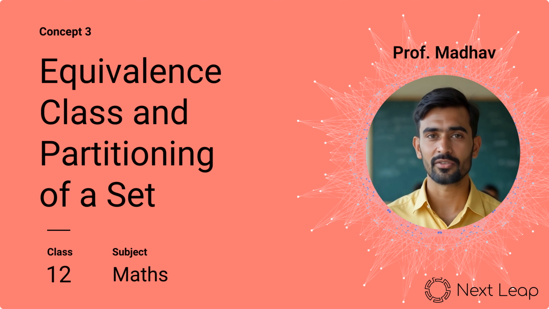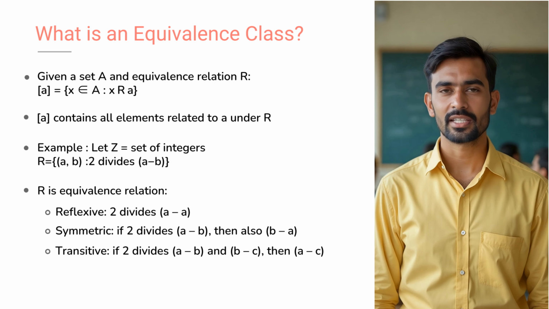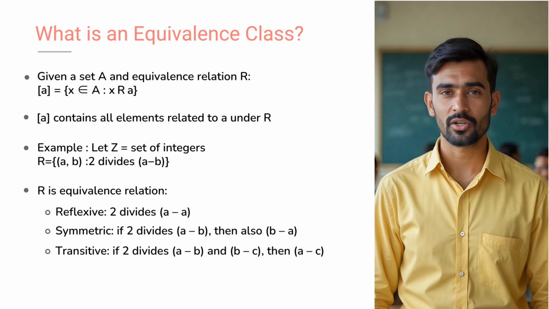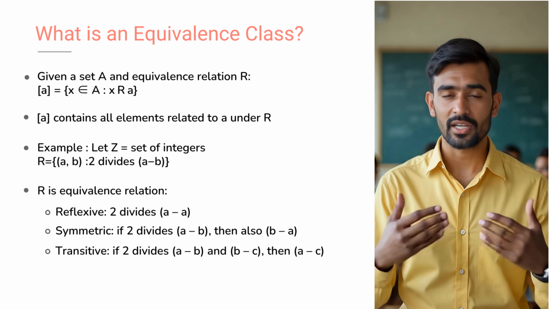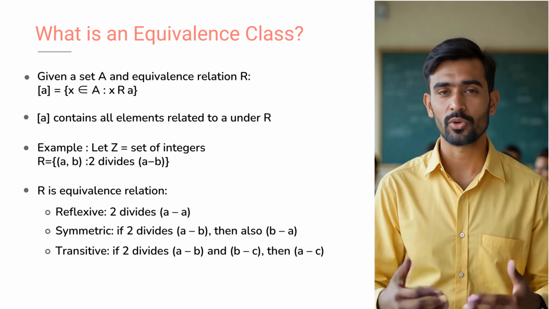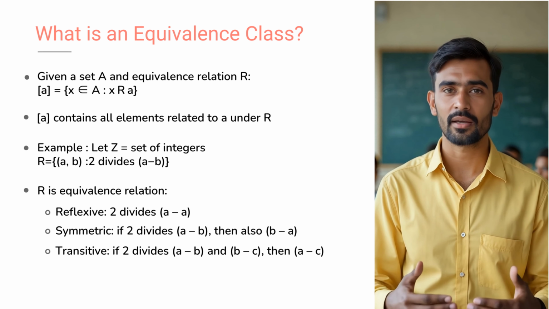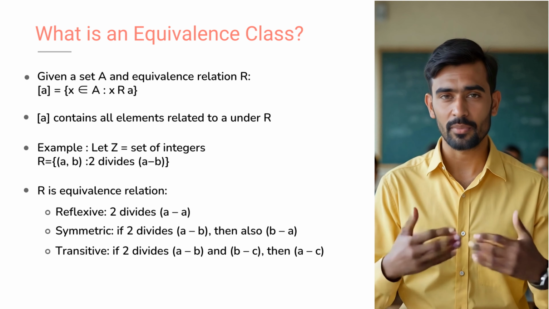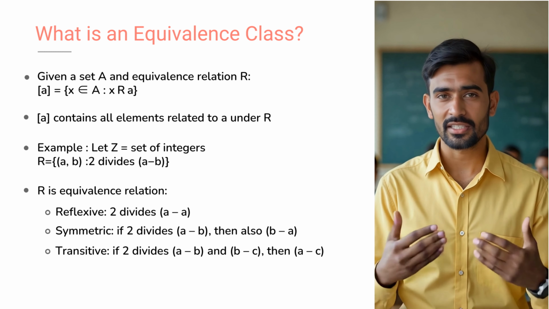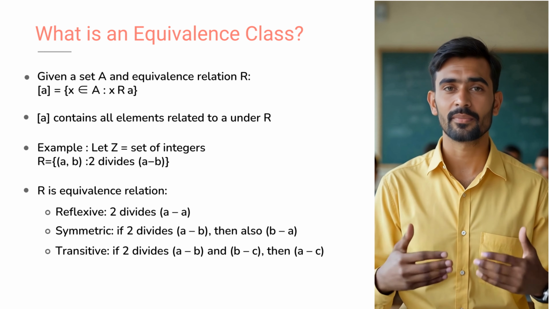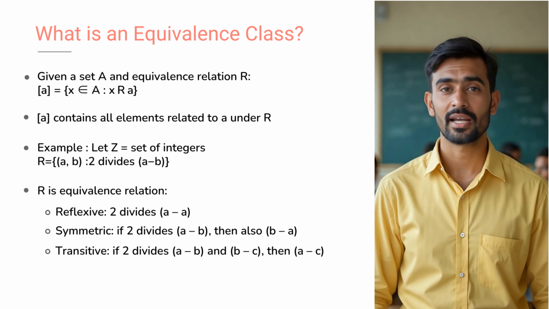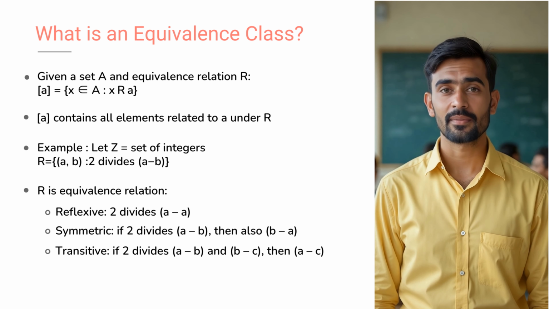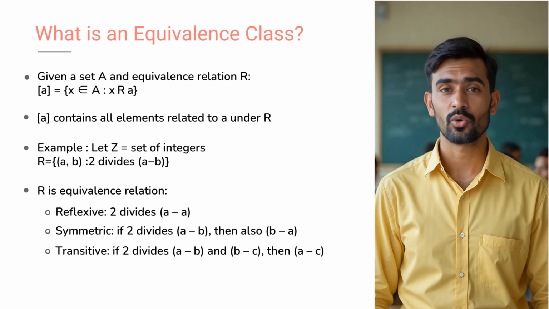Let's understand this visually. Let's take the set of all integers, call it Z, and define a relation R like this. R equals the set of all pairs (a, b) such that 2 divides a minus b. Is this an equivalence relation? Let's check. Is it reflexive? Yes, because 2 divides a minus a, which is 0.